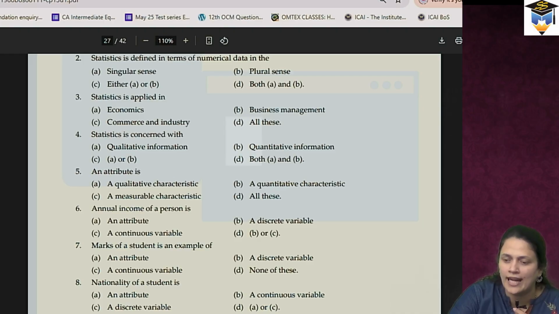Fifth, an attribute is a qualitative characteristic, quantitative, measurable, all of these. Both qualitative, quantitative? Correct. Attribute means option A.